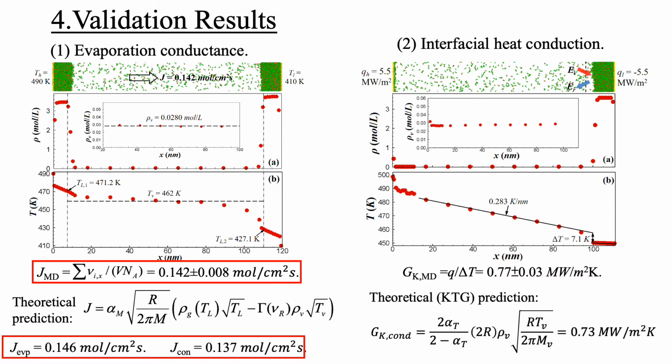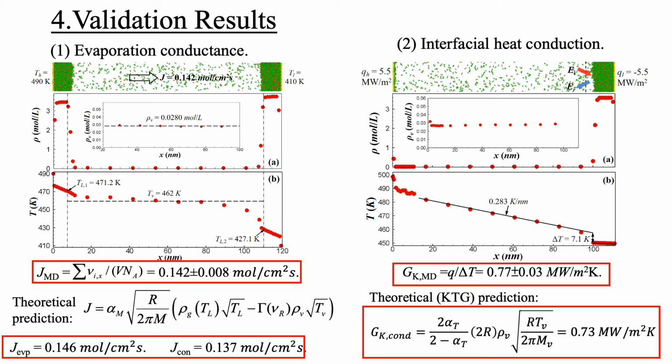For the conduction mechanism, both the MD result and prediction also presented a close agreement. This result is promising due to the potential the kinetic theory of gases has of predicting the temperature jump at the interface. The significance these results pose is that these relations are also able to properly predict the molar flux and interfacial heat conductance for more complex chain molecules such as indodecane, adding to their ability to properly predict these mechanisms for monatomic fluids as shown in previous studies.